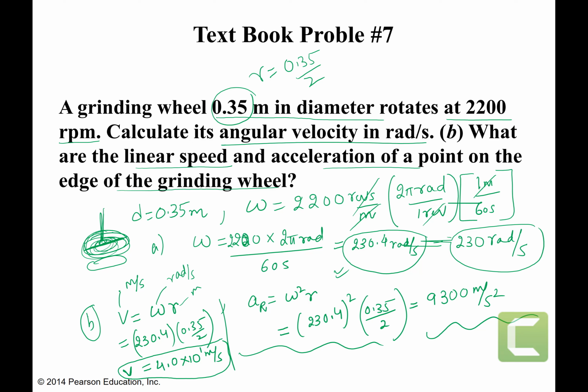Basically, you learned the SI unit of angular velocity is radians per second, and the SI unit of angular acceleration is radians per second square. And the linear ones have their own units, as you know already, meters per second, and acceleration, a radial or a tangential, will be meters per second square.